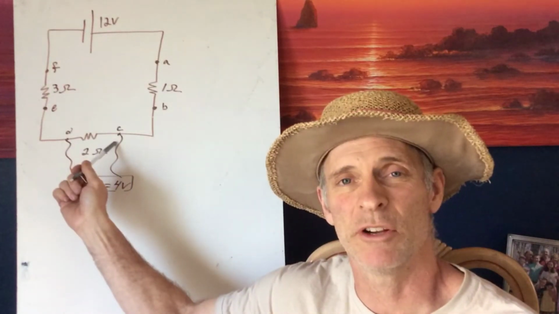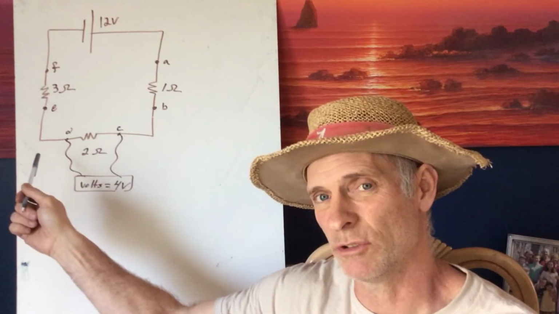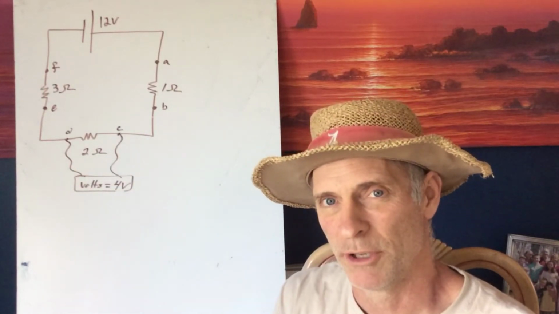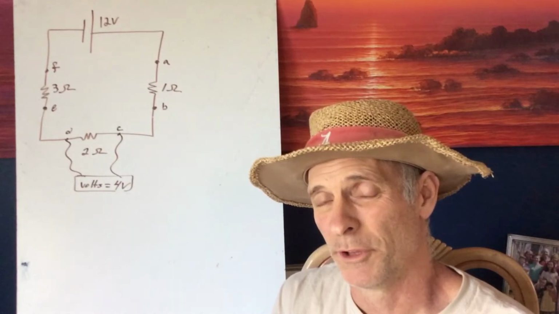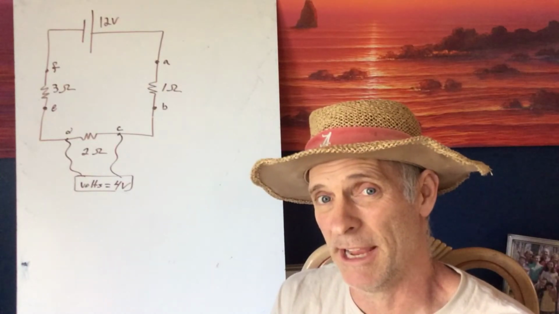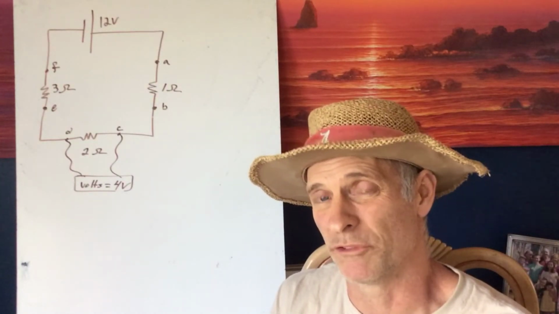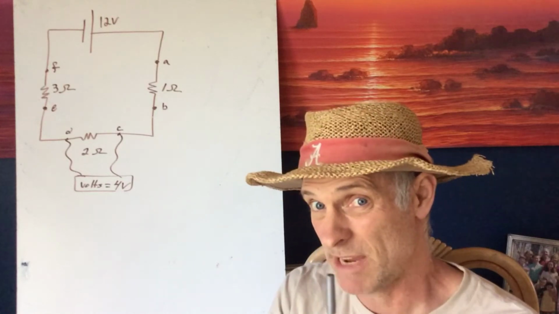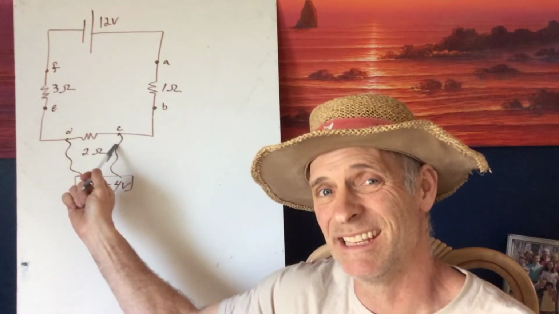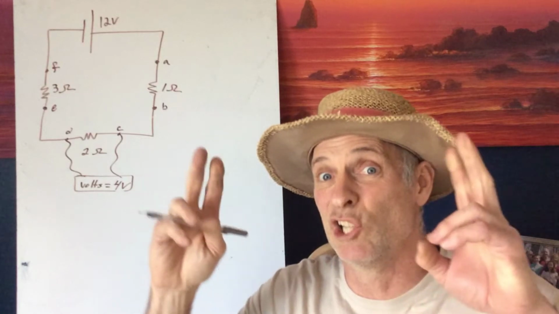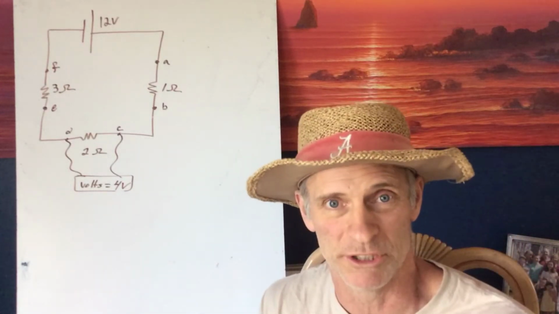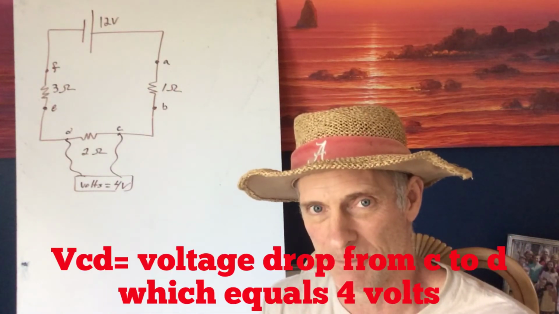The 2 amps of current through resistor 2 times the 2 ohms gave us 4 volts. And if you'll remember, on our diagram, we dropped 4 volts across resistor 2, meaning from point C to point D, we lost 4 volts of push getting across that resistor.